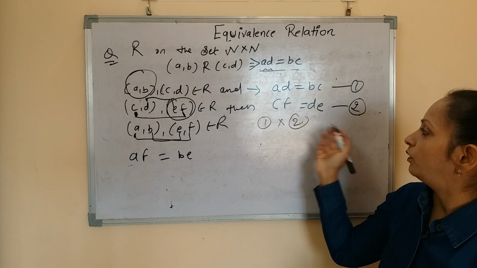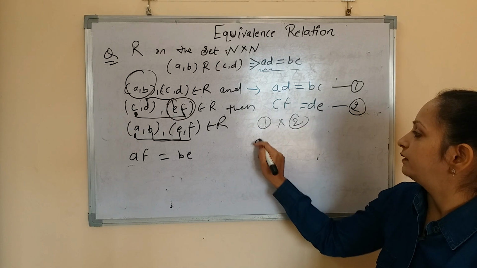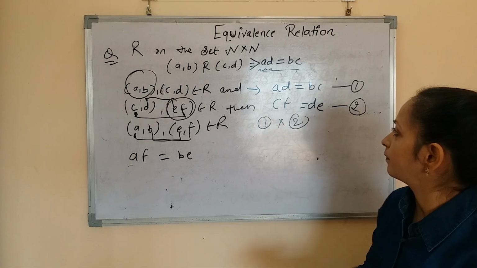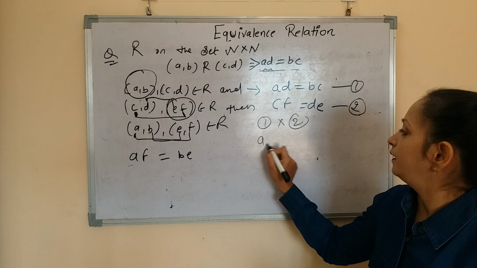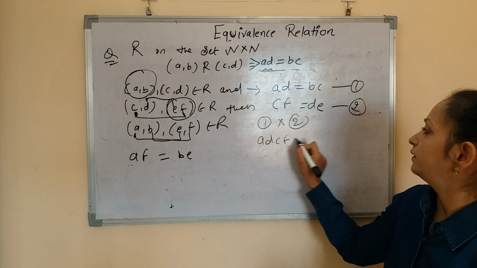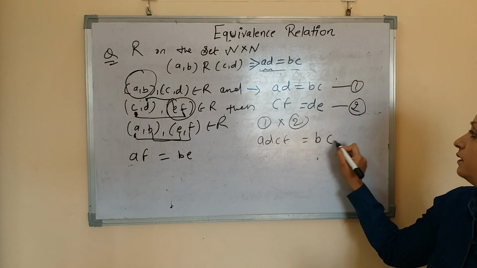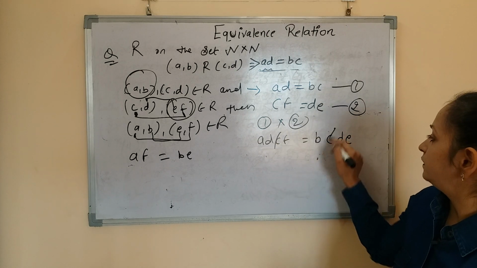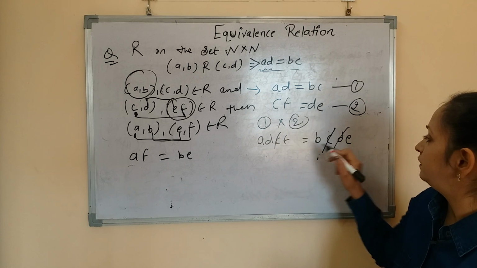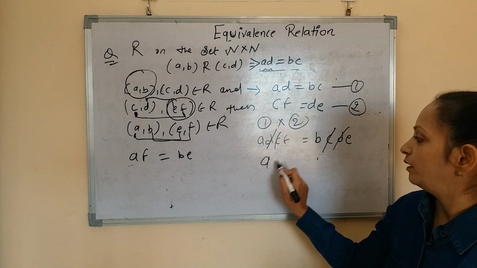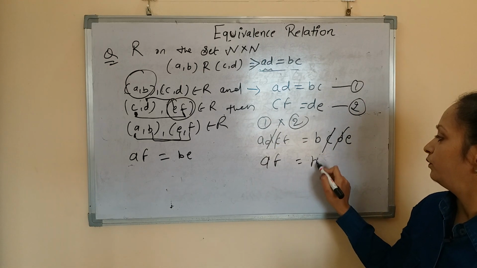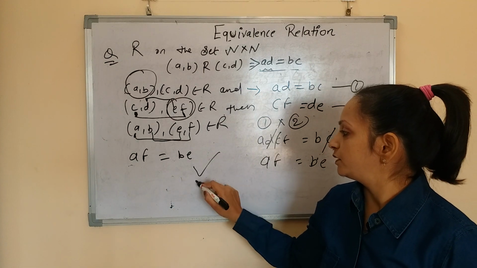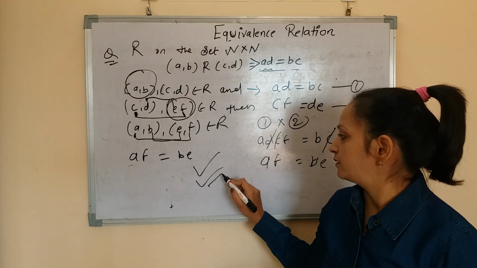So on the left hand side, I will get ADCF is equal to BCDE. What I'm getting, C is cancelled and D is cancelled, and I'm getting AF is equal to BE. That's all I want to prove. So the condition is proved and we can say that yes, it is transitive.